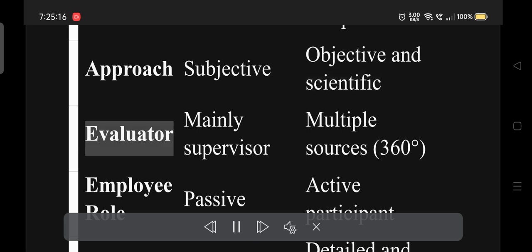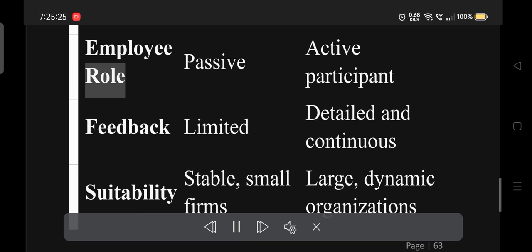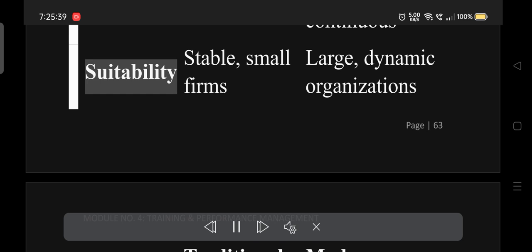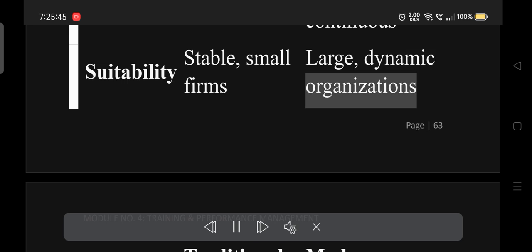Evaluator: mainly supervisor versus multiple sources, 360 degrees. Employee role: passive versus active participant. Feedback: limited versus detailed and continuous. Suitability: stable, small firms versus large, dynamic organizations.